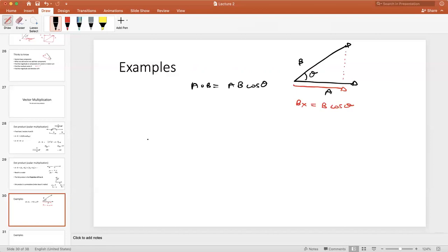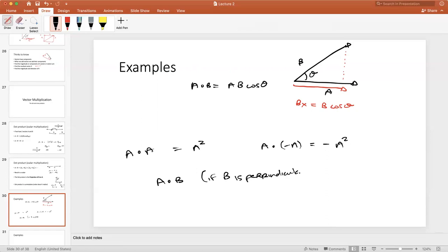So we've already done the example of A dotted with A gives you A squared, and A dotted with negative A gives you negative A squared, right? So if they're 90 degrees, A dotted with B, if B is perpendicular, is equal to 0.